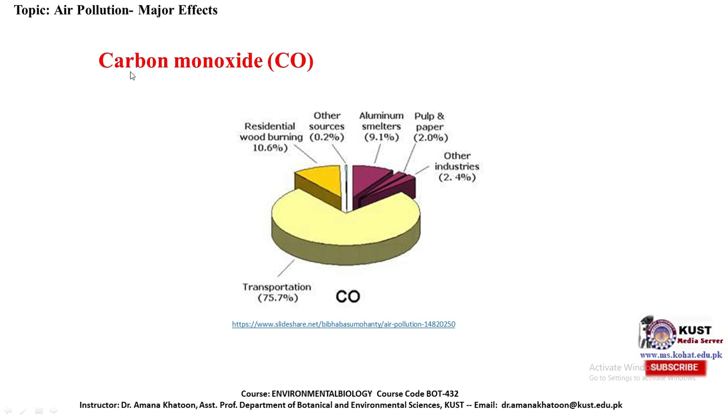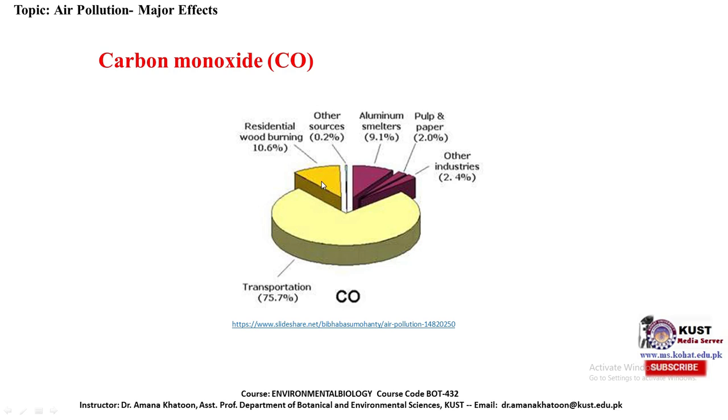So the first pollutant which I have taken is carbon monoxide, represented by CO. This is emitted into the environment through incomplete combustion of fuels, and from this figure we can see that about 75% of the total carbon monoxide discharged into the environment came from transportation.